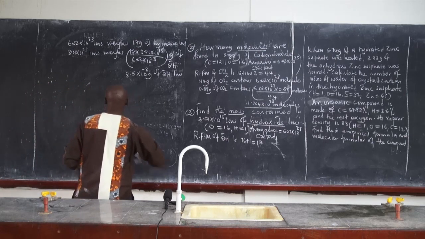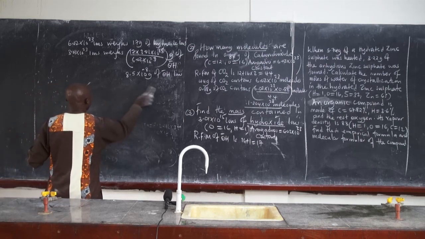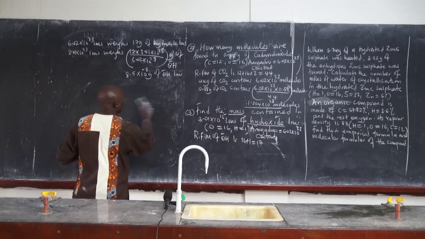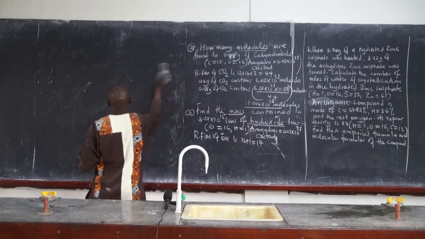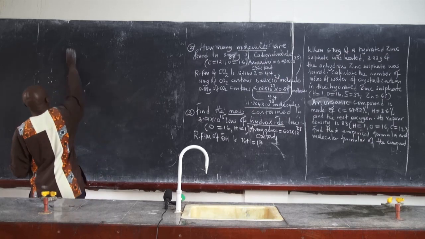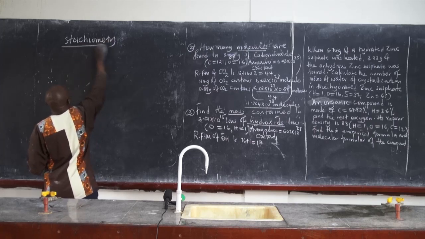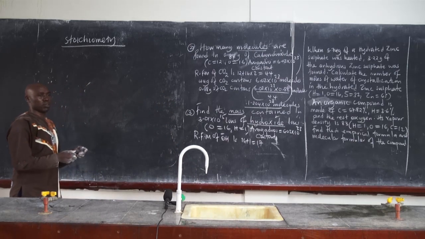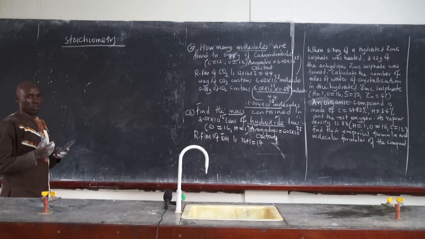So let's dive into the next subtopic. It is called stoichiometry in terms of masses. Stoichiometry is a concept, or the way we relate reactants and products through a chemical equation.